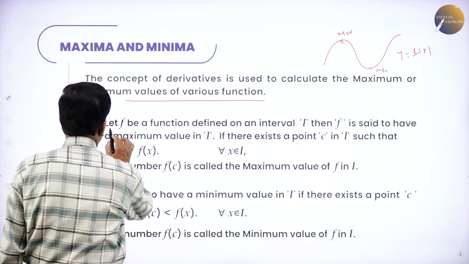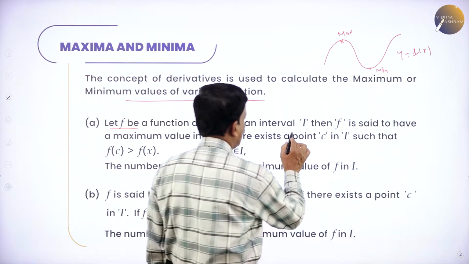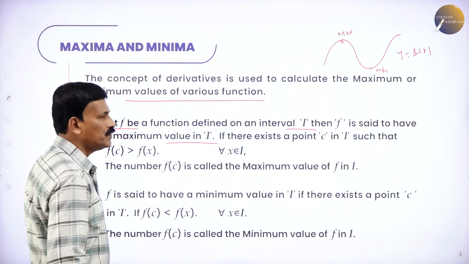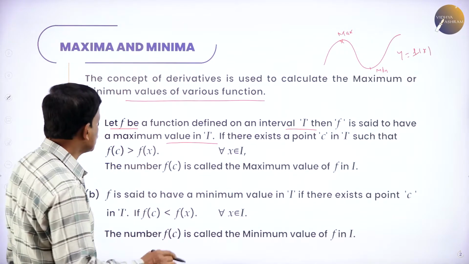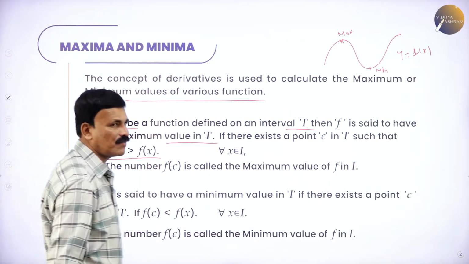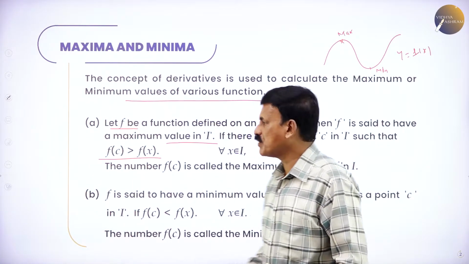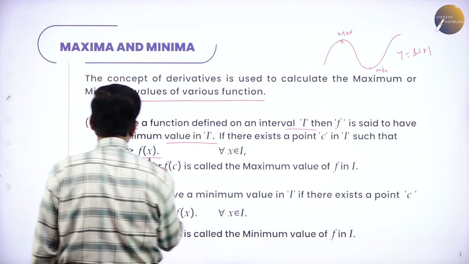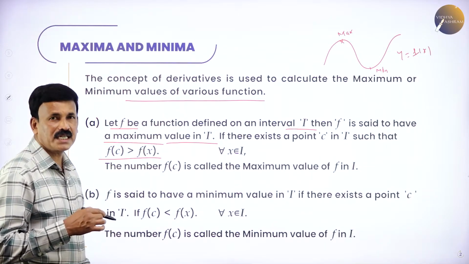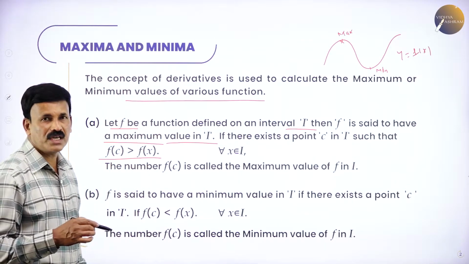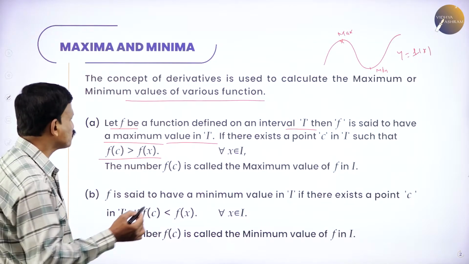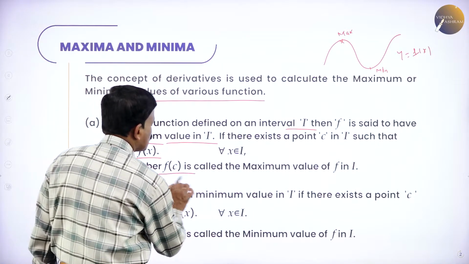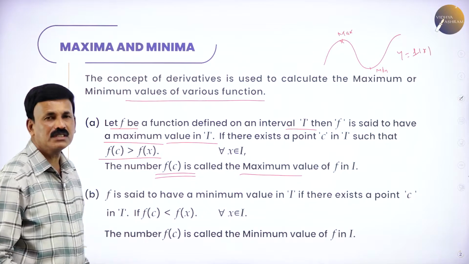Now let f be a function defined on an interval I. f is said to have the maximum value in the interval I if there exists a point c in I such that f of c is greater than f of x for all x belonging to the interval I. Then the number f of c is called the maximum value of f in the interval.